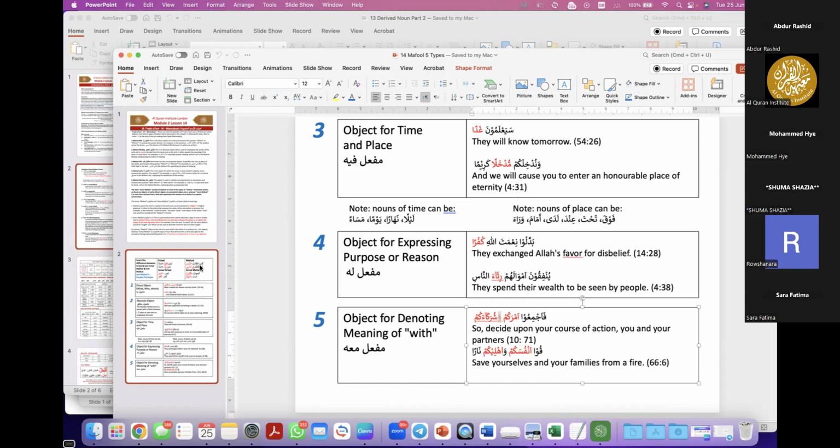Can you think of any example of maf'ul and ismul maf'ul? Ismul maf'ul comes out of the root verb, the same verb. Allama, muallamun. Muallamun is ismul maf'ul.